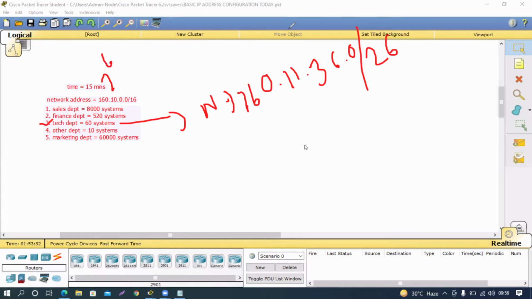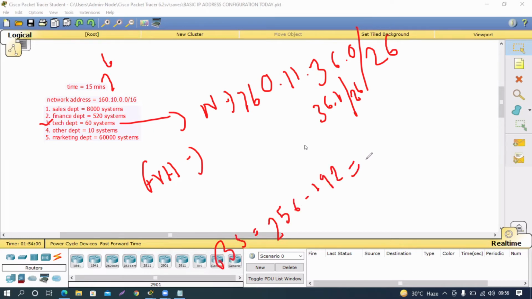So we are right now going for class C, right? The first host address will be 160.11.36.1/26. Our block size will be 64, that is 256 minus 192.